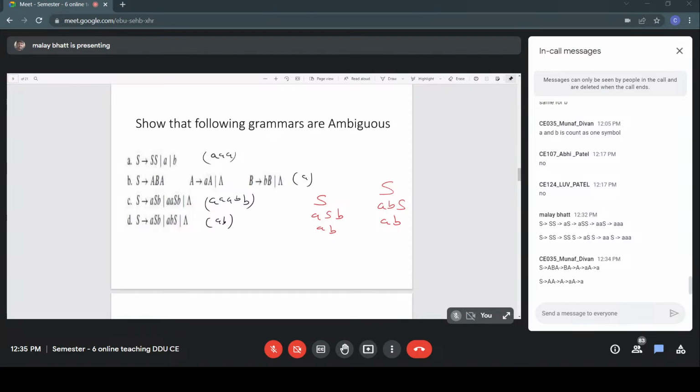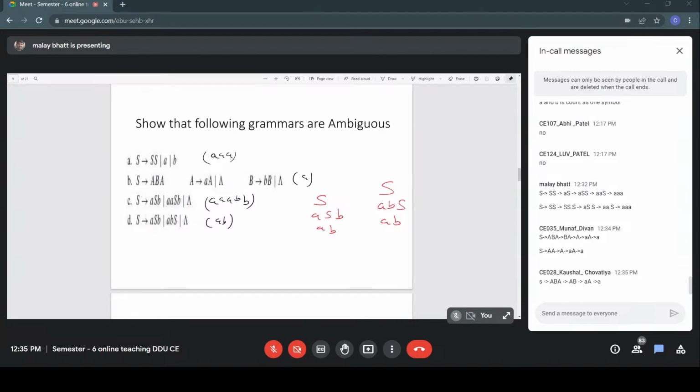Now, where is B? You cannot remove the symbol from the middle position. You cannot remove a symbol directly from the last position either.